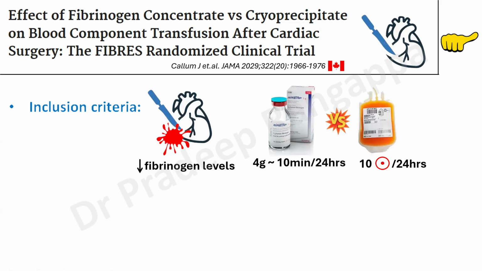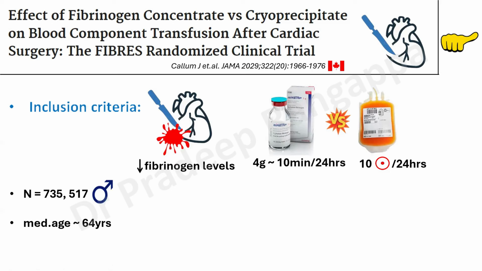Here they compared 4 grams of fibrinogen given over 10 minutes within 24 hours versus 10 units of cryoprecipitate within 24 hours. Because as I said, you need 5 to 7 units of cryoprecipitate to raise fibrinogen by 1 gram. Here they used 10 units in 24 hours.